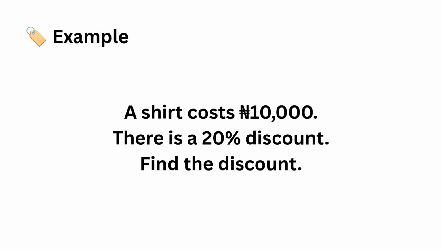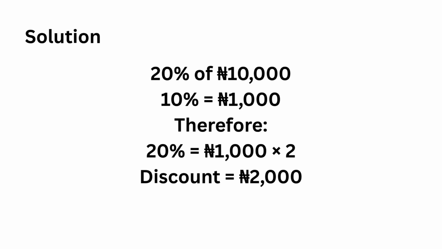Now let's combine what we've learned about percentages with discount. A shirt costs 10,000 naira. The shop gives a 20% discount. Now, how much is the discount? Understand the question. How much is the discount? Find the 20% of 10,000 naira.